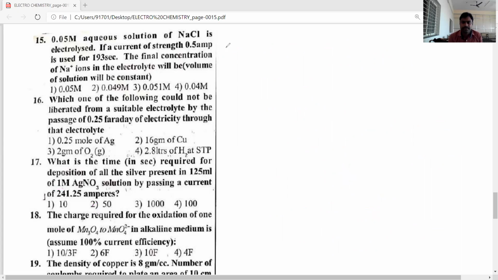18th question. Mn3O4 is converted into 3 MnO4 2 minus. Here 3 moles are present, so automatically 3 moles of MnO4 2 minus will form. Here the oxidation state of 3 Mn is +8.